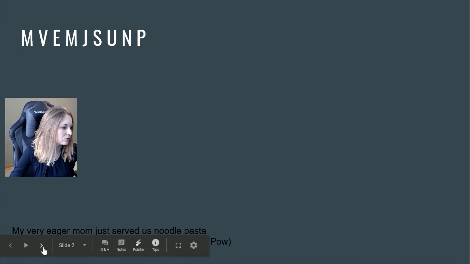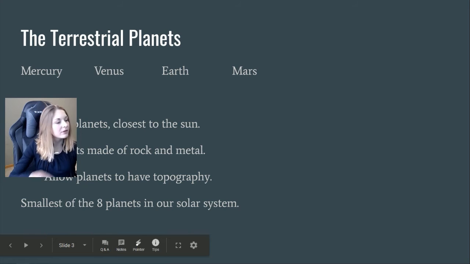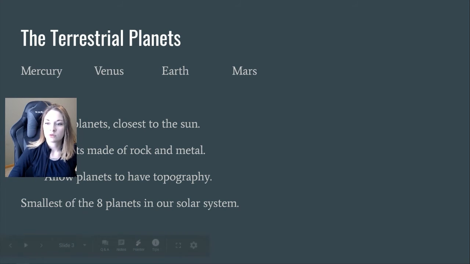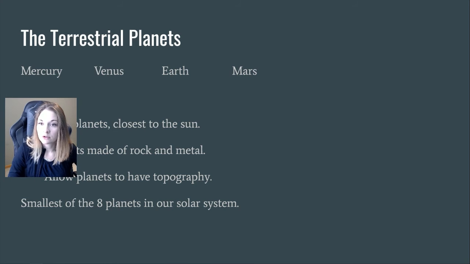The rest of these slides, I don't want to go through each one simply because I keep getting in the way of my own slideshow. But you can look through. The two things that I will mention is there are two different types of planets. There's going to be your terrestrial planets, which are made up of rock and solid pieces, so rocks and metals. And so they're everything before the asteroid belt.